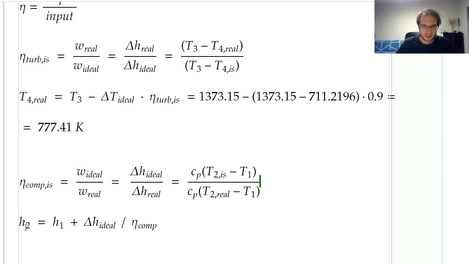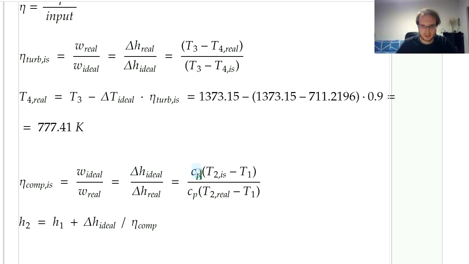Then we could express the enthalpy after the real compression as the enthalpy before the compression plus the ideal difference in enthalpies divided by the efficiency of the compressor.